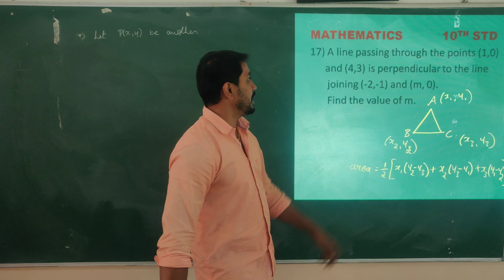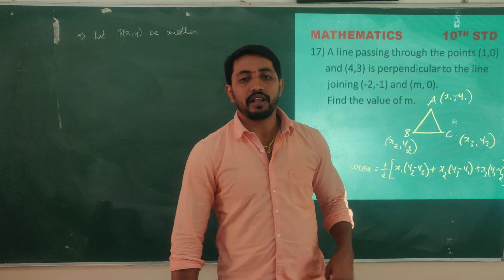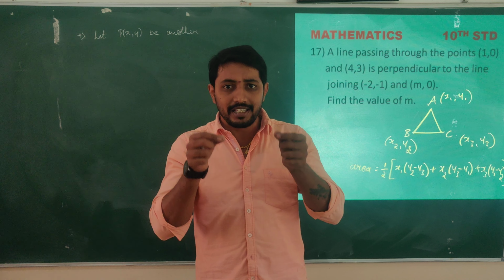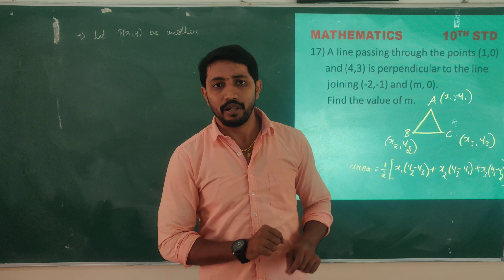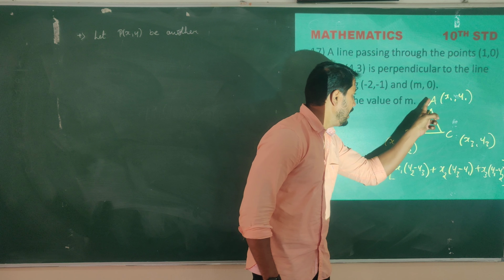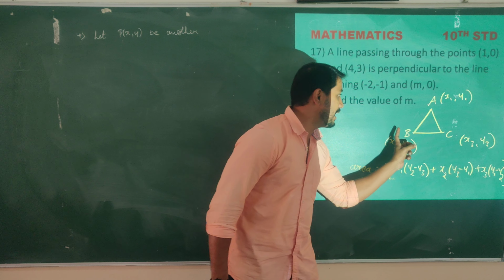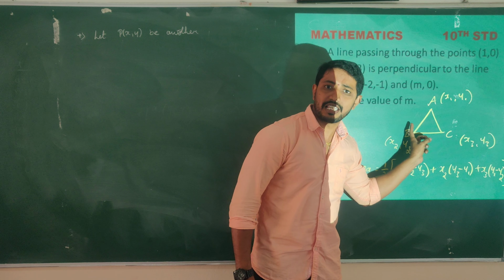But here we are going to calculate the equation of a line. To calculate the equation of a line, whatever points we consider should lie on the same line. Since we are using the area of triangle, if the point A lies on line B, then we can say these 3 points lie on the same line.